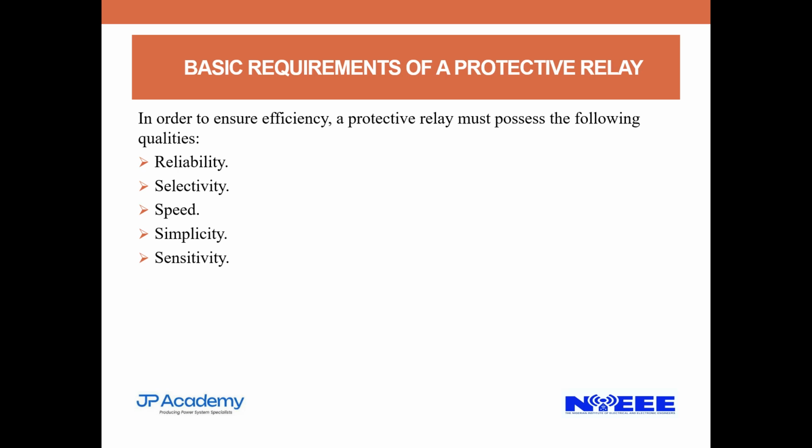Now, actuating parameters are simply set levels. For example, if we say the current should not go above 1000 amps, and we program the relay to issue a trip signal once the current is above 1000 amps, the relay should be sensitive enough, proficient enough, to detect precisely 1001 amps.